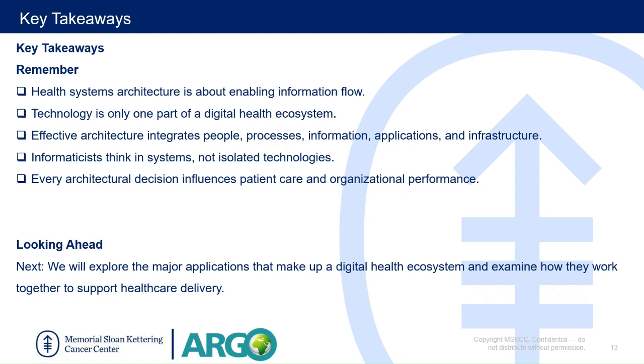So technology is only a piece of it, and shouldn't be the be-all and end-all. Effective architecture integrates people, processes, information, applications, and infrastructure, right? And as informaticists, we think in systems and not necessarily in isolated technology.